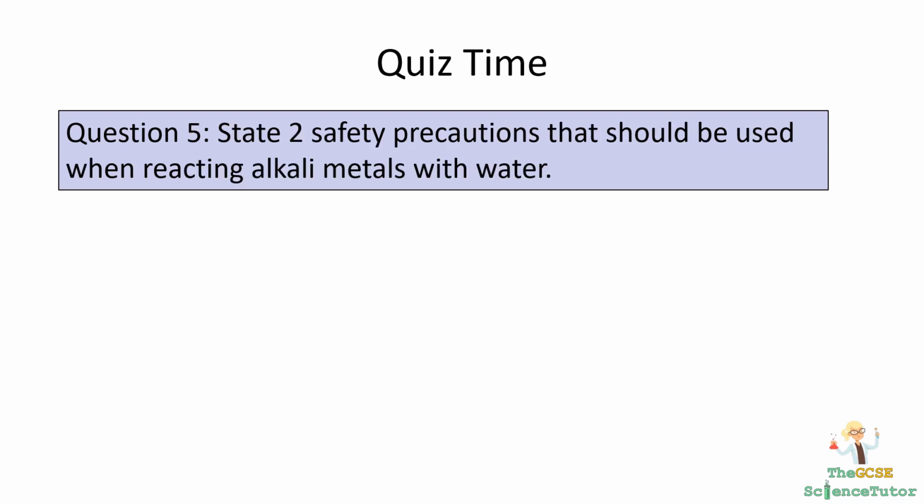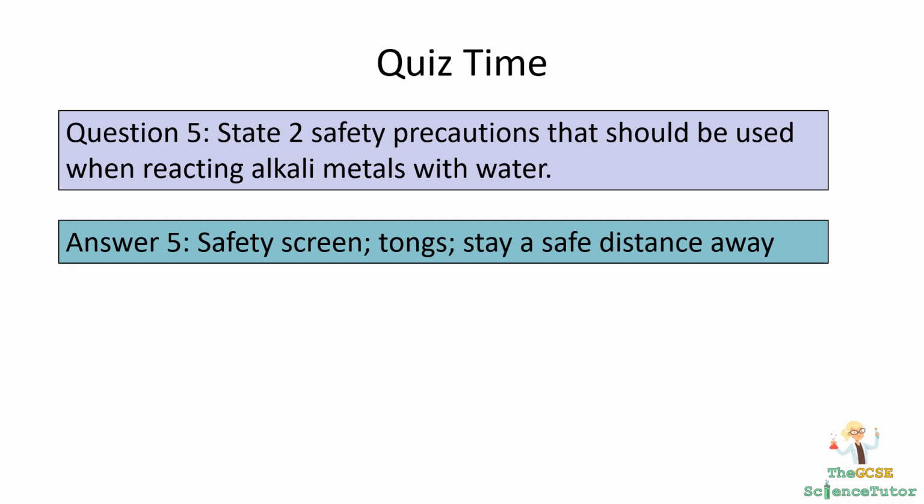And finally, question 5. State 2 safety precautions that should be used when reacting alkali metals with water. We can use a safety screen, tongs to hold the metal, and stay a safe distance away from the reaction when it's being carried out.